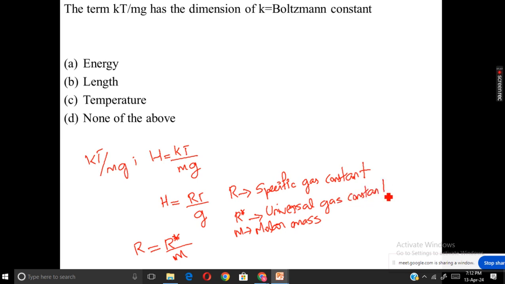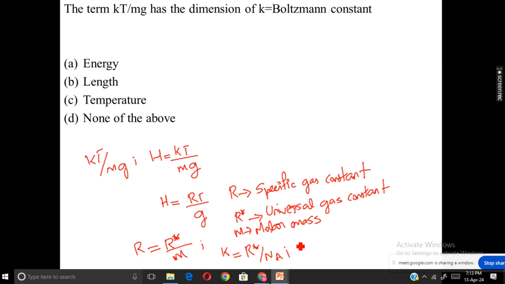But in the case of R, we are talking about 1 kilogram of a particular gas, which depends on the gas we are considering. And the Boltzmann constant k is basically R star by Na. So in case of one molecule, what will be the constant? That is what the Boltzmann constant tells us.